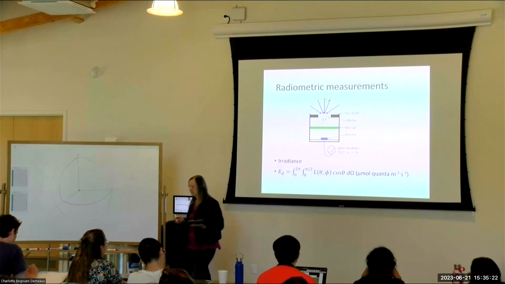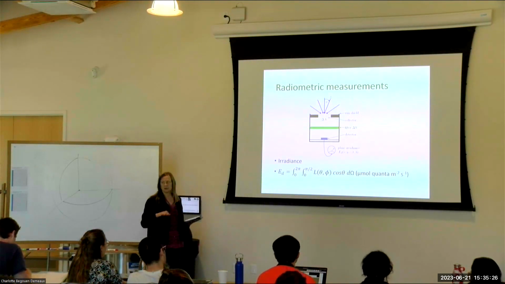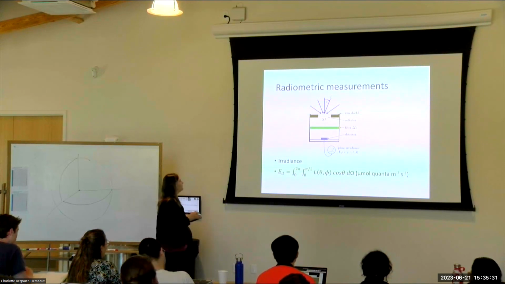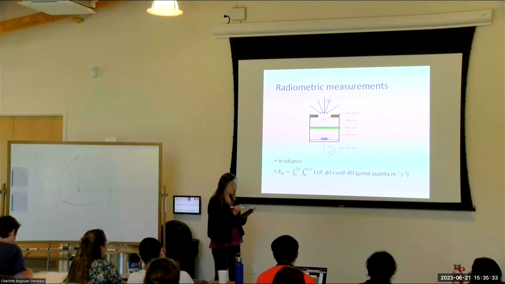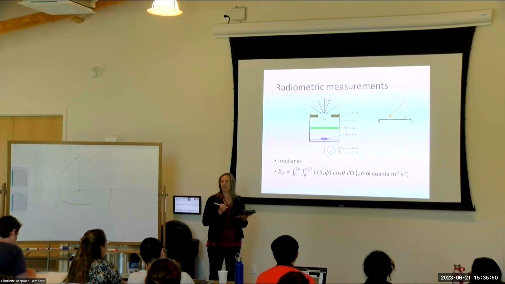The irradiance, planar irradiance, is related to some integration of the radiance. But remember that it's only measuring the vertical component of the light, of the radiance that's incident on the sensor.